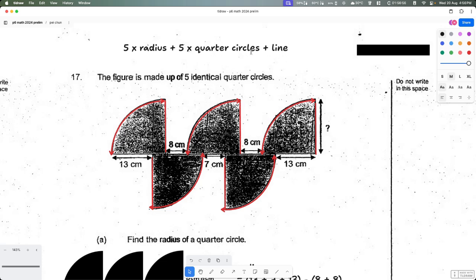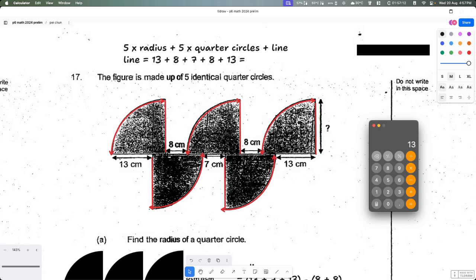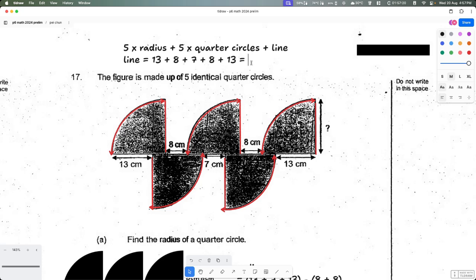Okay, so let's calculate the line. The line is equal to 13 plus 8 plus 7 plus 8 plus 13. Let's calculate using our calculator. So 13 plus 8 plus 7 plus 8 plus 13, and this will become 49 centimeters.